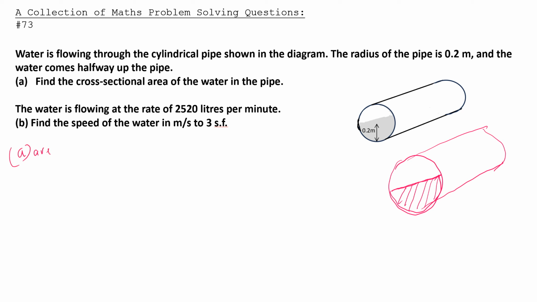So the area would be pi r squared, and that would be 3.142 multiplied by our radius, 0.2 meters, so 0.2 multiplied by 0.2, and that would be 0.142 and multiply 2 by 0.2, and that gives me 0.1512568.